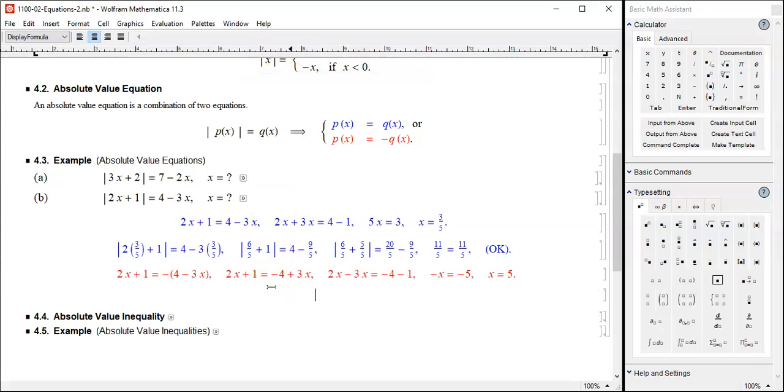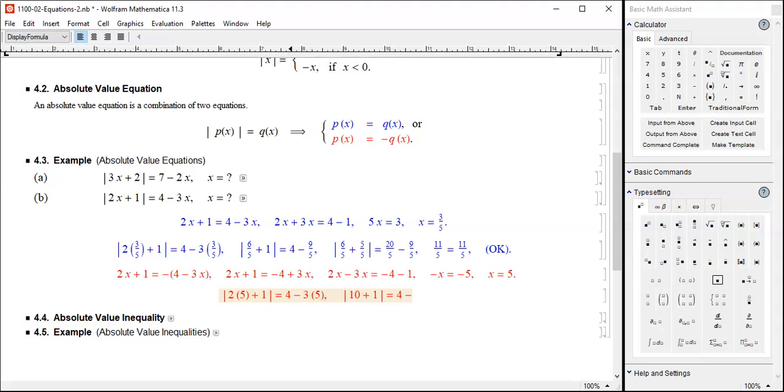How about the next one here? Let's plug in x equals 5. That's 10 plus 1, isn't it?